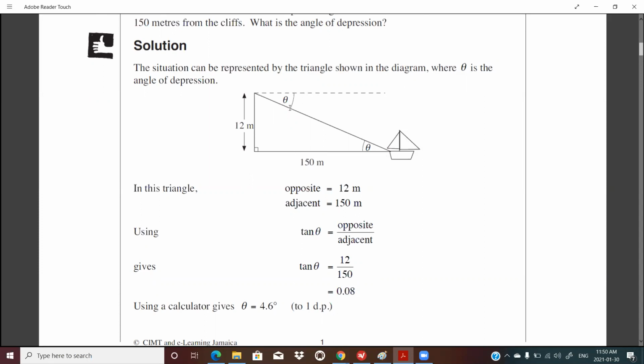And the inner angles are 90 degrees, 90 degrees, 90 degrees, right? So that's why I can say this 12 can be represented here as well. And of course, this 150 can be up here as well, right? And then you can look at this as the opposite, and this 150 up here as the adjacent.